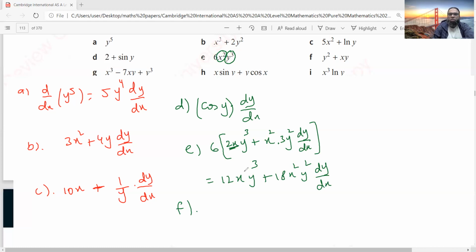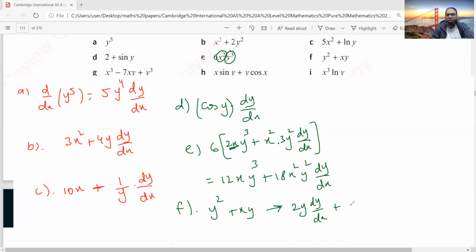You can look at this f part. It is y squared plus xy. So when you differentiate this, the derivative of y squared is going to be 2y dy by dx. And then again, there's a product, this xy. Do be careful whenever there are products or quotients. So it's xy.